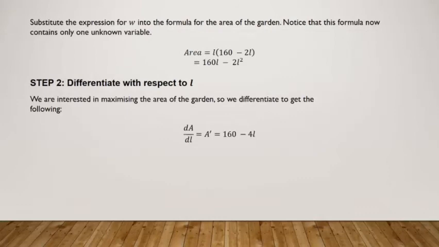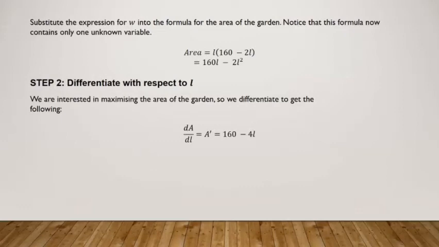And then we need to substitute the expression for W into the formula for the area of the garden. Notice that this formula now contains only one unknown variable. Area equals L in brackets 160 minus 2L, and then we expand it as 160L minus 2L squared.